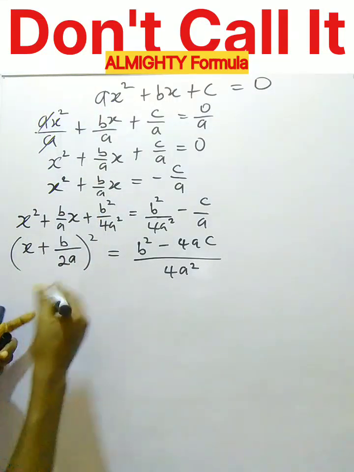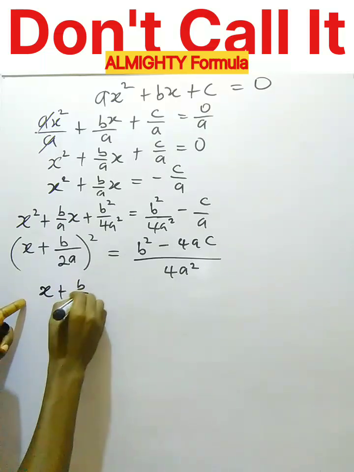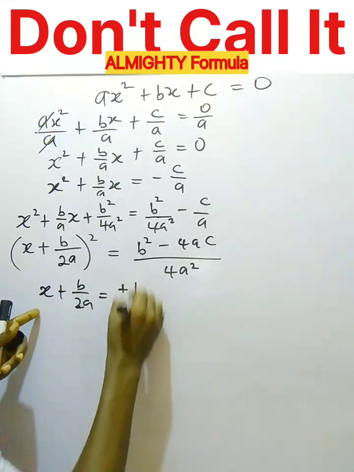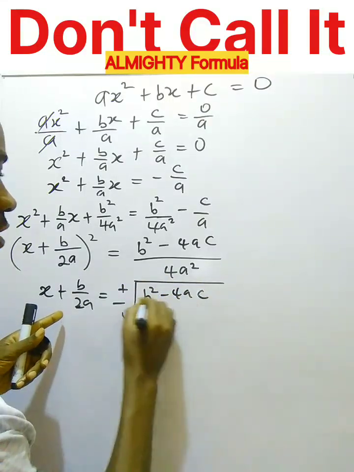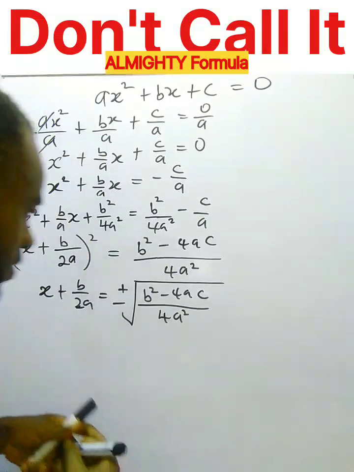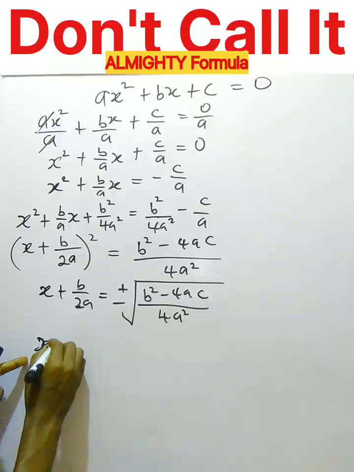If I take the square root of both sides, that will make here become x plus b over 2a equal to, I introduce my plus or minus, square root of b squared minus 4ac all over 4a squared. So can you see that? Next, let me bring it down.